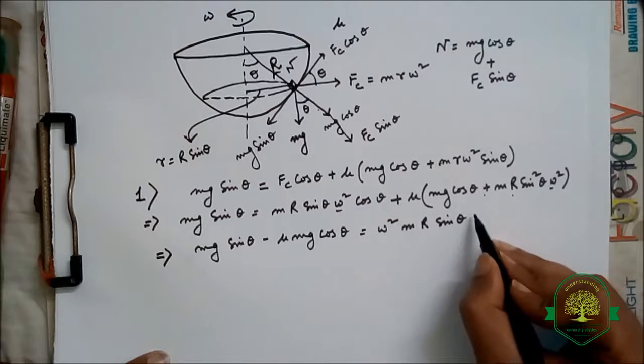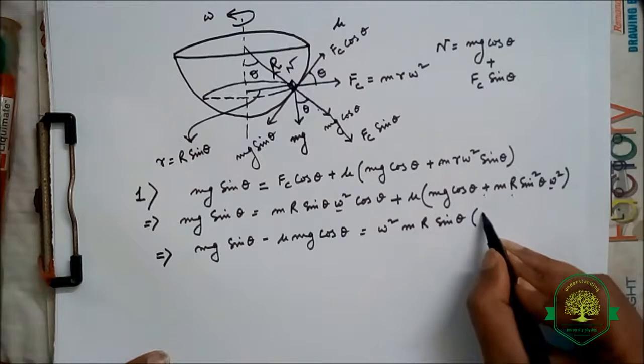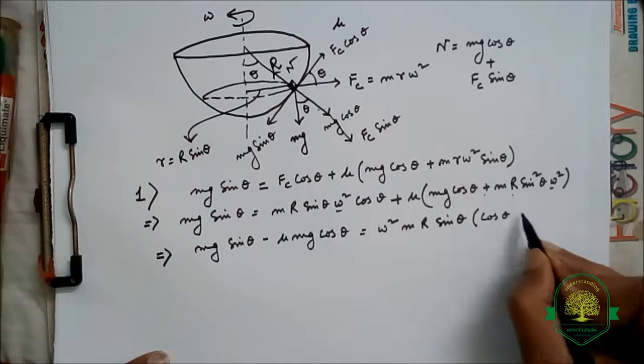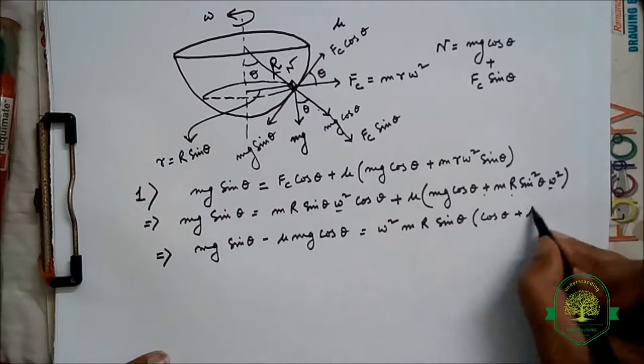So I'm left with a cos theta, and I'm left with a mu sine theta.